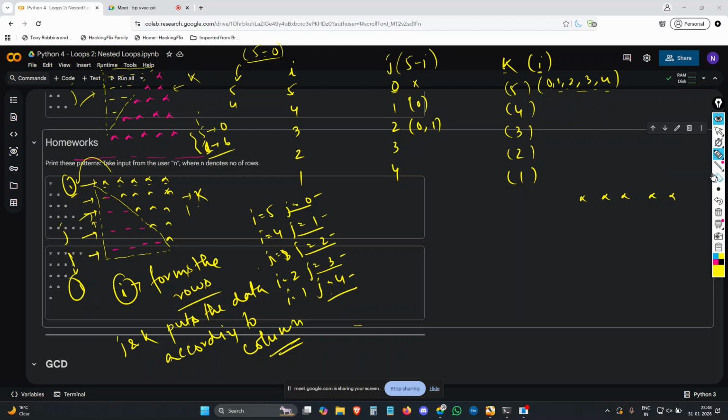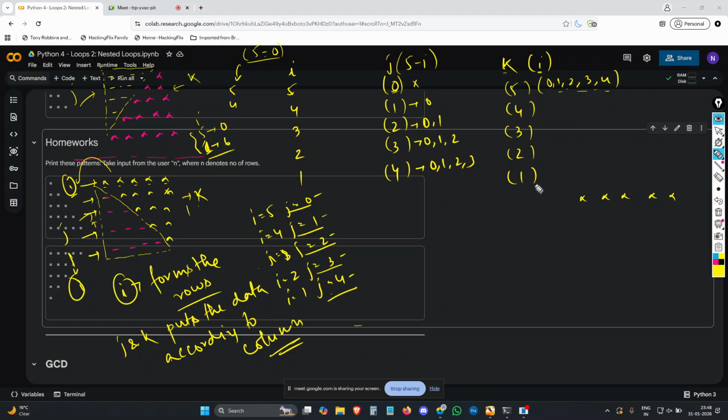Let me write it like this. These are all the ranges that I am specifying: 0; 0, 1; 0, 1, 2; and 0, 1, 2, 3.